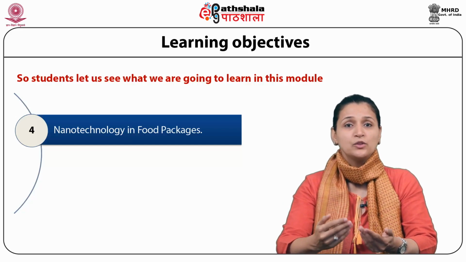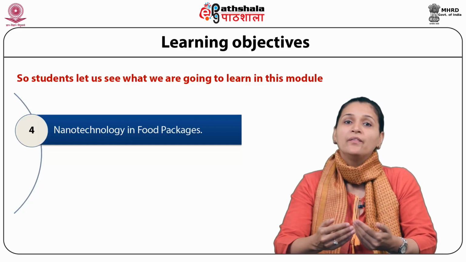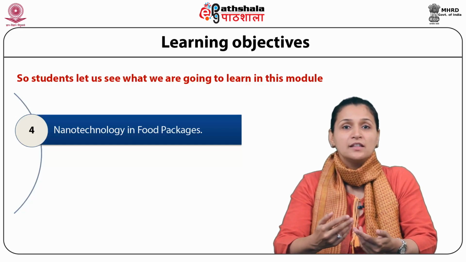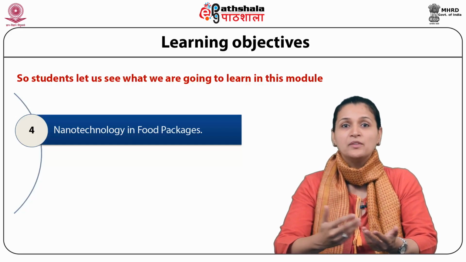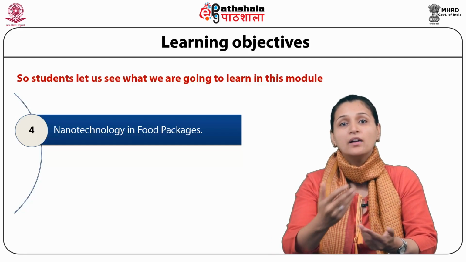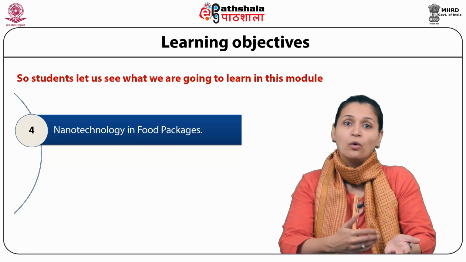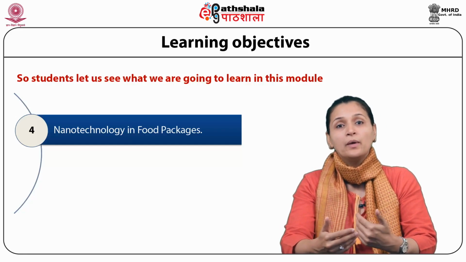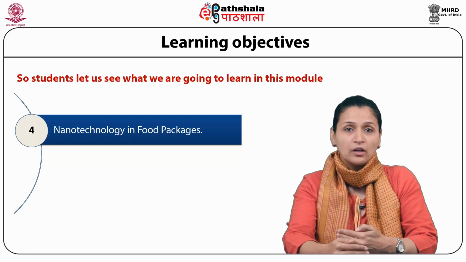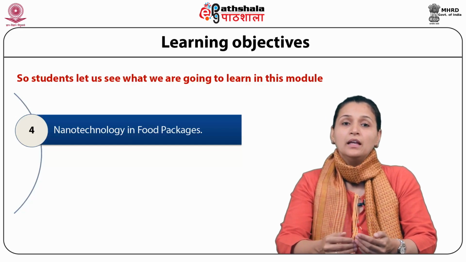Since we're talking about live food materials, when live food materials are stored, there is respiratory activity. When respiratory activity happens, there is exudation of certain gases, and those gases become a marker for telling us whether the food is still safe to consume or whether we have to withhold the production or sale of that food package.